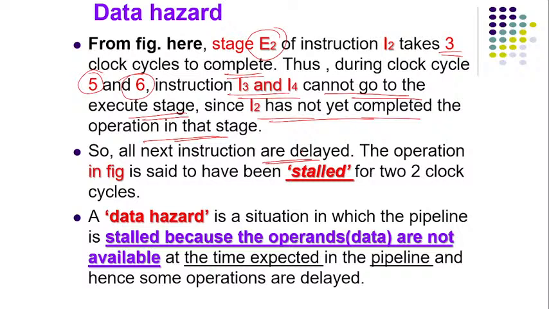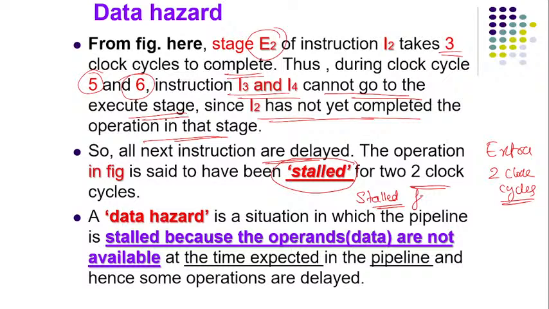Next I3, I4 instructions all are delayed, and it is called stalled for 2 clock cycles, means it is taking the extra 2 clock cycles. So that is stalled for 2 clock cycles.